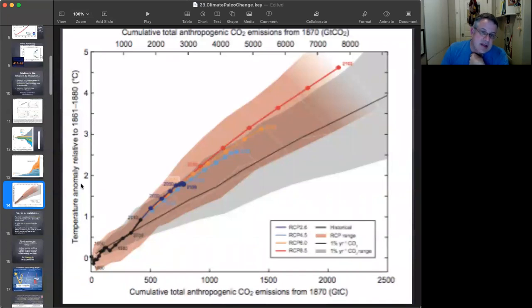And then in this direction is the temperature anomaly relative to that early time, 1861 to 1880. And you can see that there's pretty much a linear relationship between all of these pieces. So there is just a relationship between cumulative anthropogenic CO2 versus the temperature anomaly.